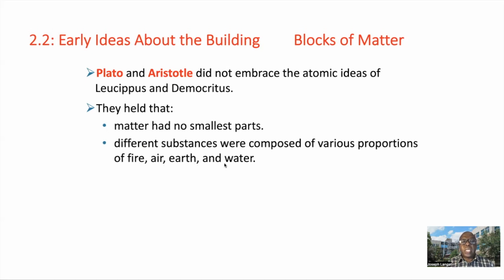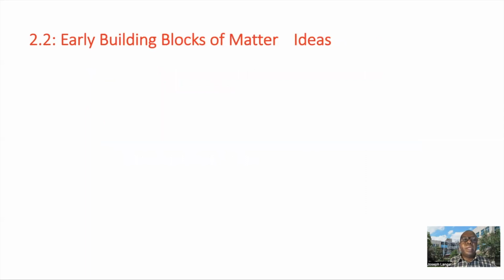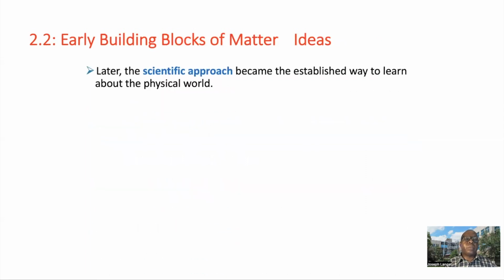Think of this like their periodic table at that time, that everything on the earth was made out of these four substances. But it seems like they were wrong. We'll see in detail later on.